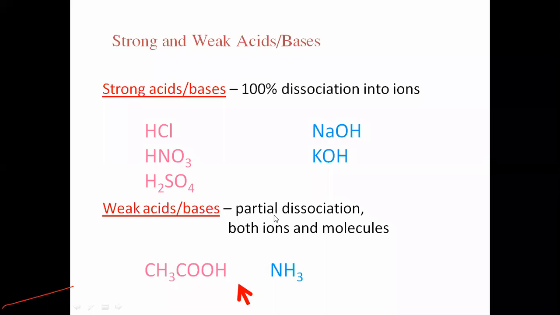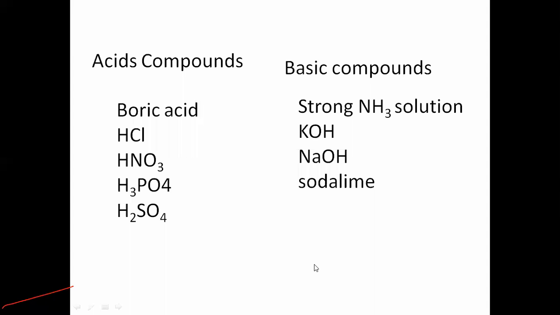There is a partial dissociation of the ions in the molecules. The compounds which are not 100% dissociated, but partially dissociated into their respective ions, are known as weak acids and weak bases. So acetic acid is coming under the category of weak acid and ammonia is coming under the category of weak base.